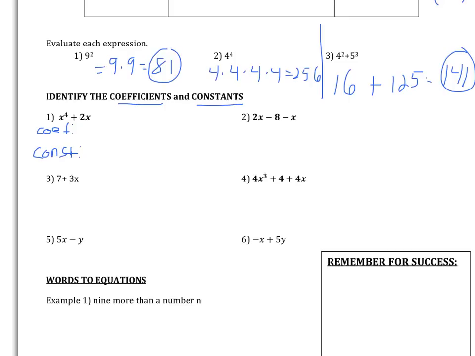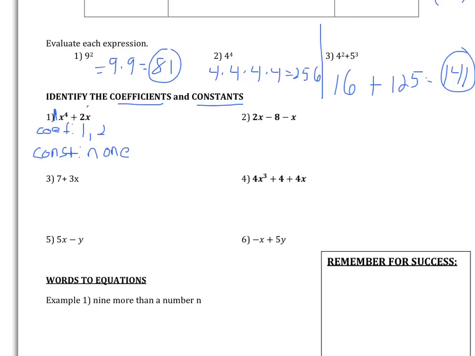Well, what's in front of this x to the fourth power if nothing is there? There's a hidden 1. So our coefficients, the numbers in front of variables, we have a 1, and we have this positive 2. Now what are the constants, or the numbers all by themselves? Well, there are none. So you would write the word none.